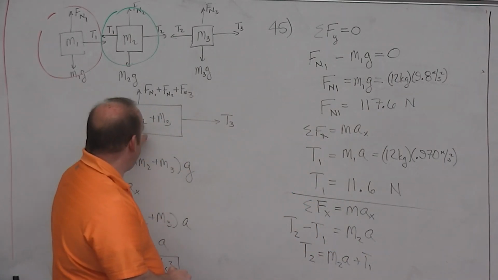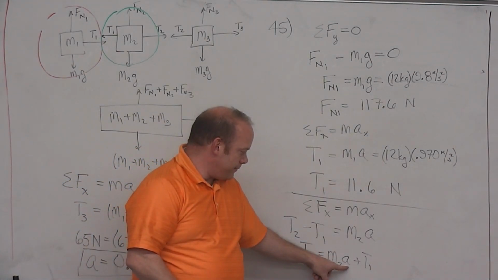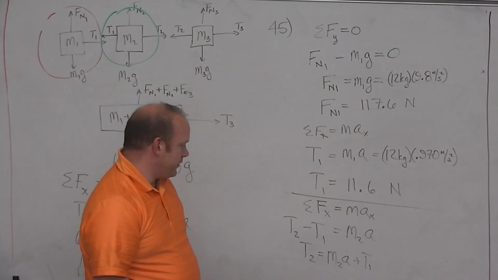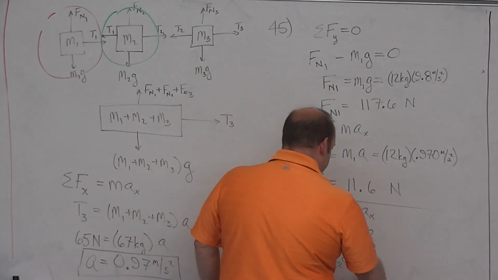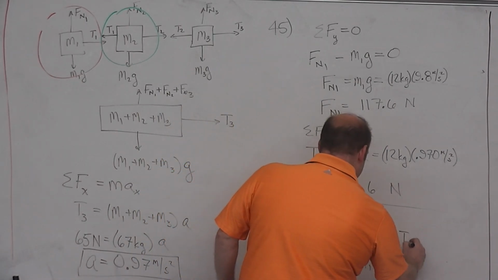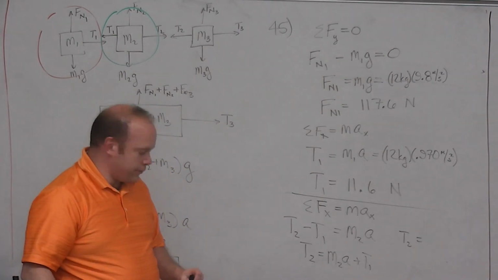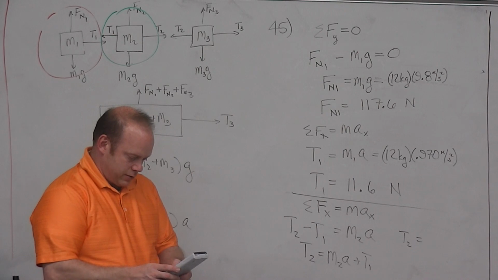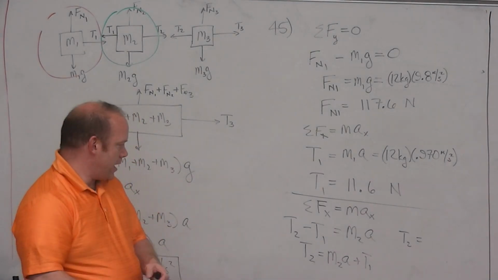Okay. I know that M2 is 24 kilograms, A is 0.97, and I know that T1 is equal to 11.64. All right, so now I plug in these numbers, and my value for T2 is equal to plus 34.9 newtons.